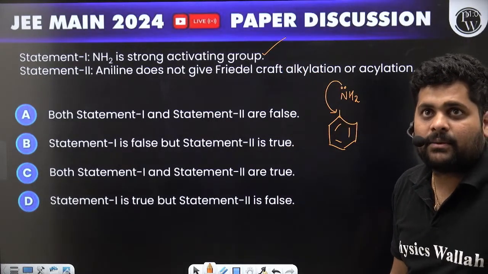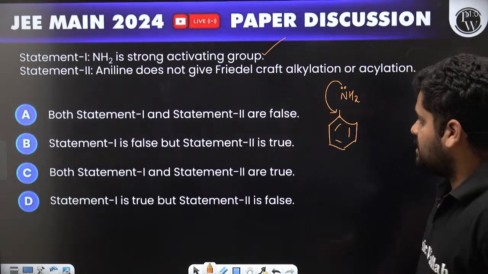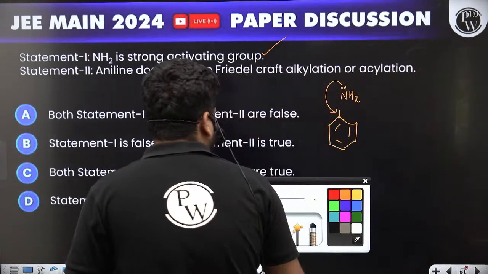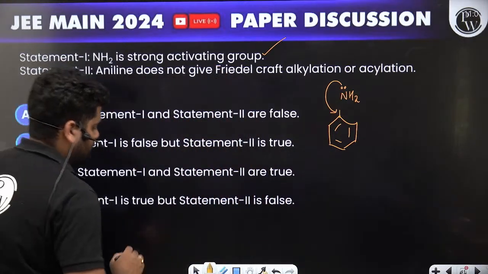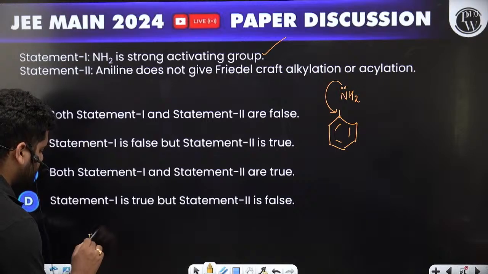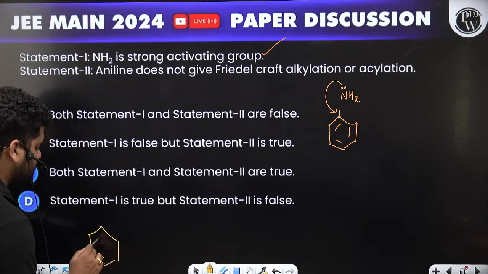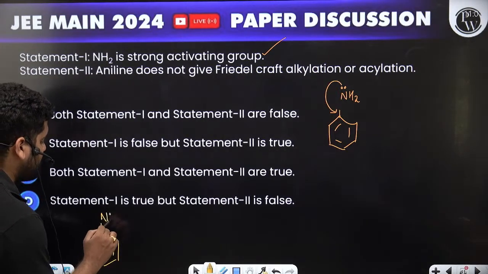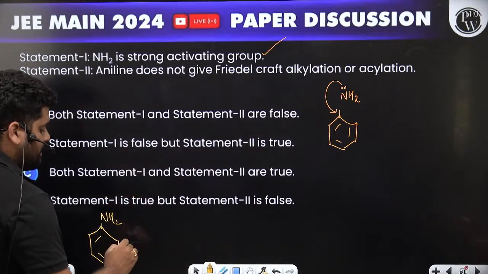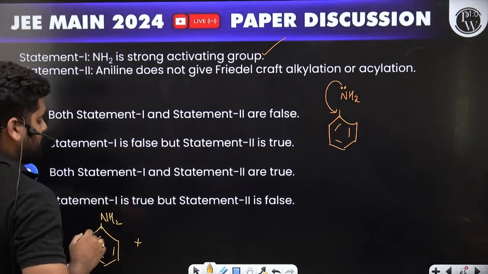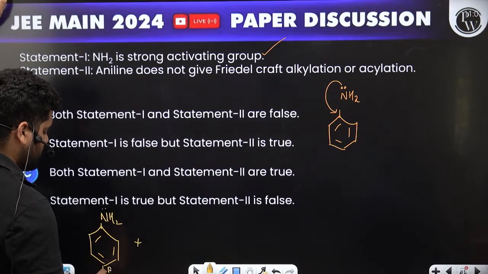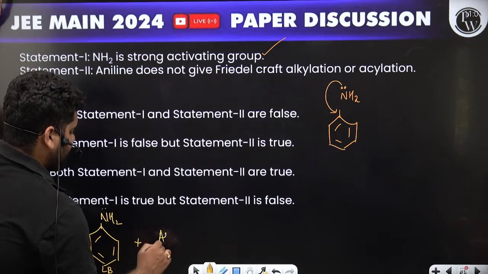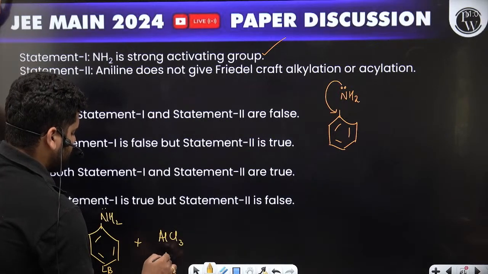The other part of the question says statement 2, aniline does not give Friedel-Crafts reaction. This is again straightly plugged from the NCERT textbook. See, when aniline has to react with anhydrous AlCl3 and RX, aniline acts as a Lewis base and anhydrous AlCl3 acts as a Lewis acid.